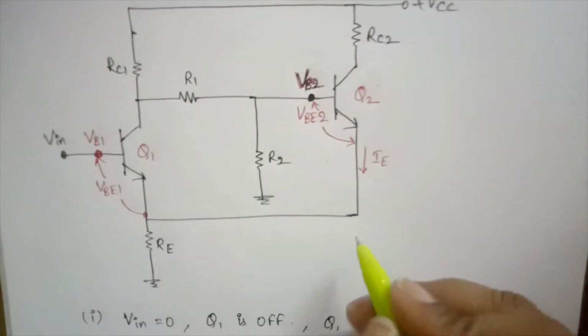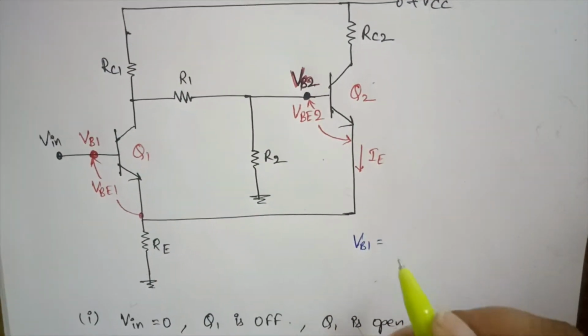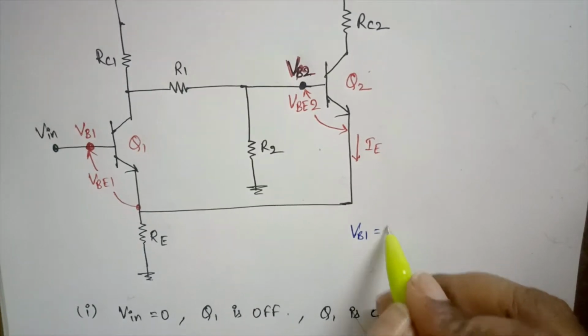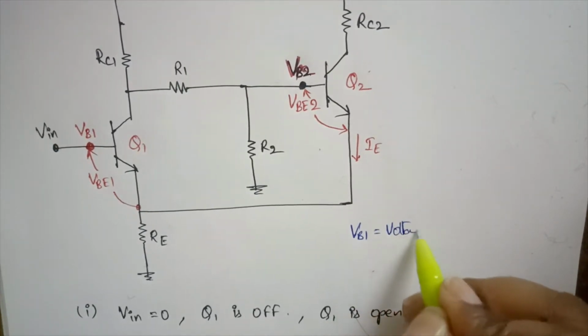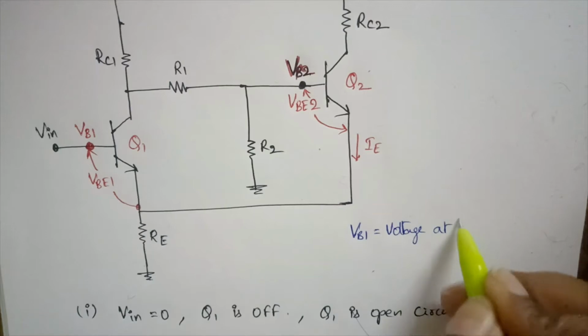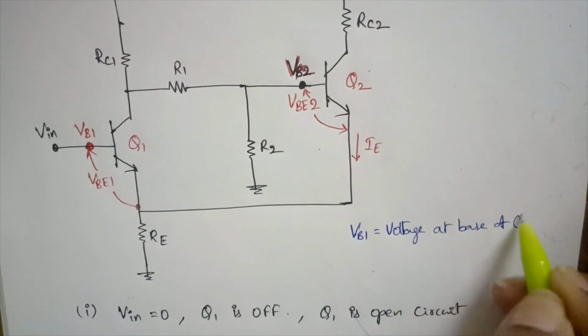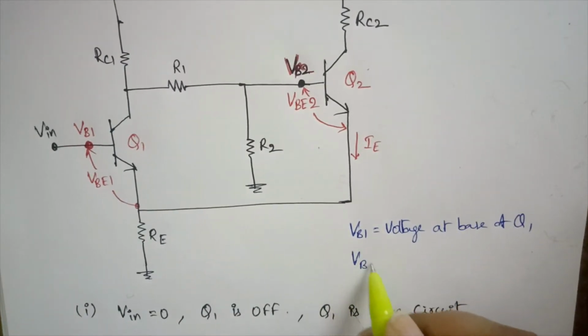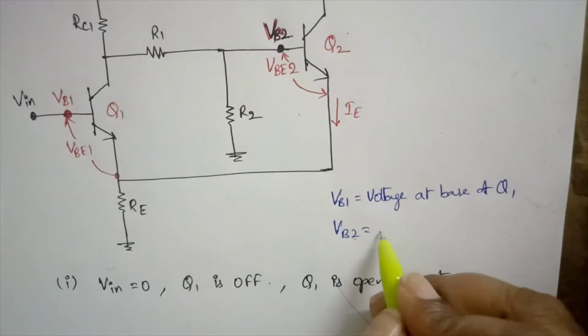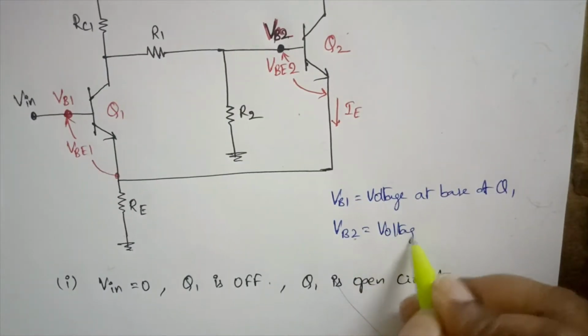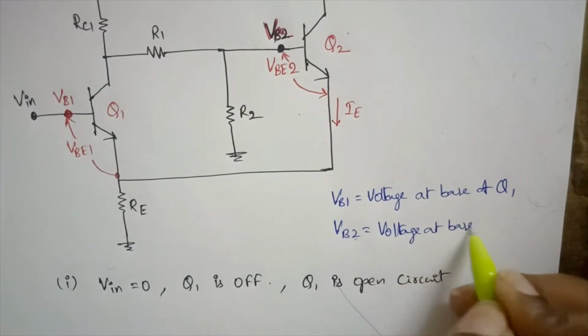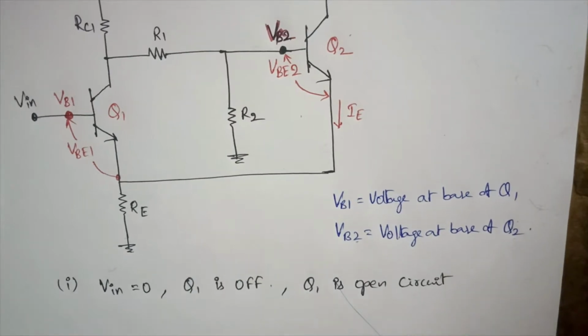So VB1 is the voltage at the base of Q1, and VB2 is the voltage at the base of Q2.